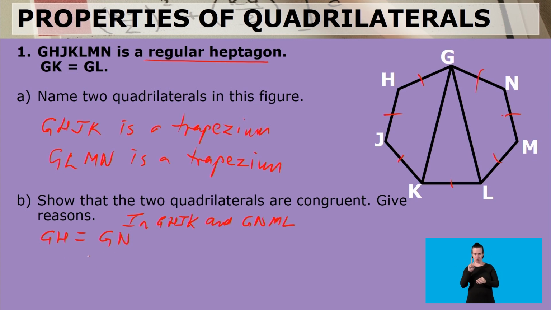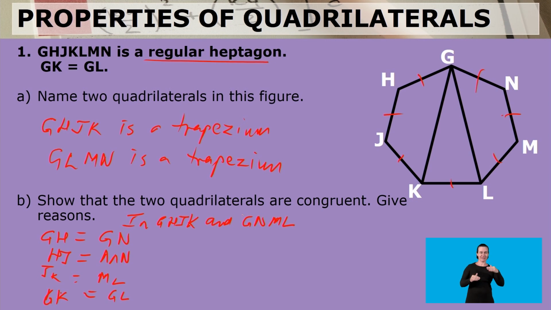So I'm looking at those two sides. I then have HJ equals MN, and then I have JK equals ML, and then I have been given GK is equal to GL.